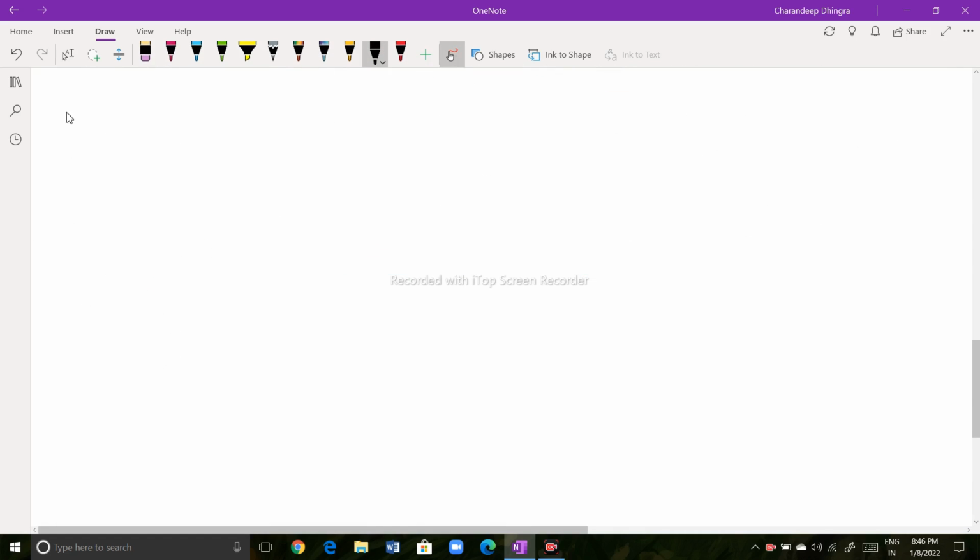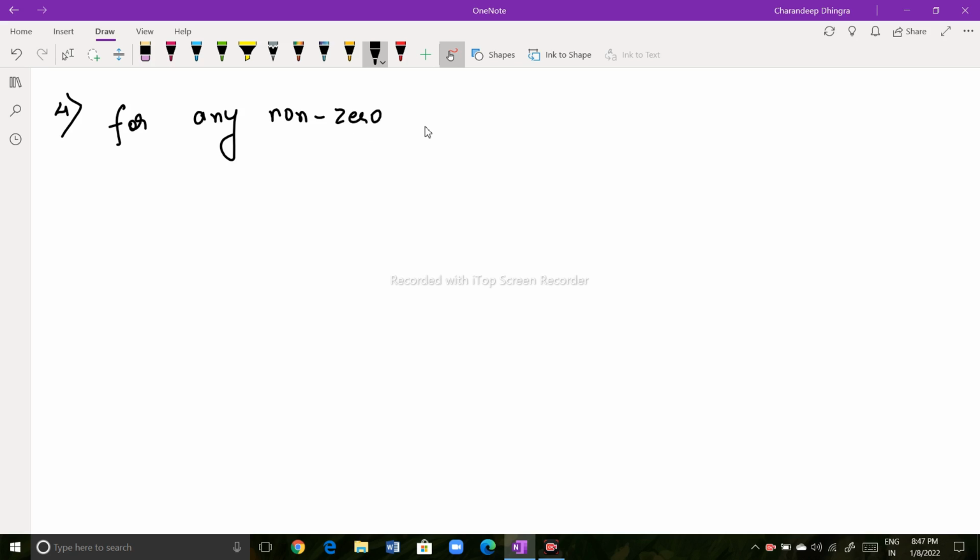The fourth one, I'll just generalize and say for any non-zero number a, a raised to n can be written as 1 upon a raised to minus n.